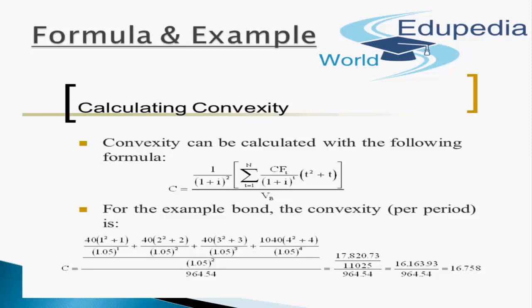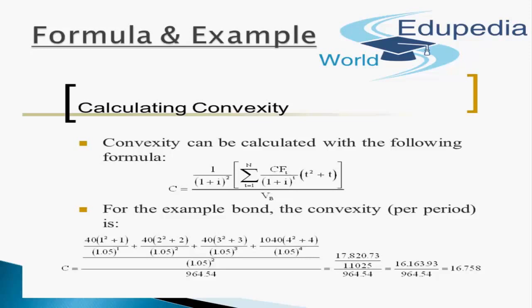So for example, in our case, the convexity per period will be, if we have the cash flows, that is a coupon of 40 rupees, we'll first calculate the present value of all the cash flows, plus at the last time we'll calculate the coupon plus maturity.